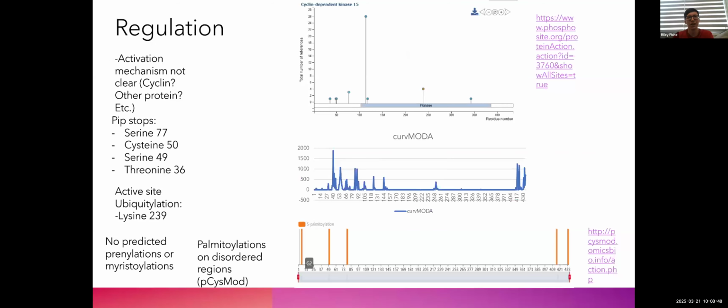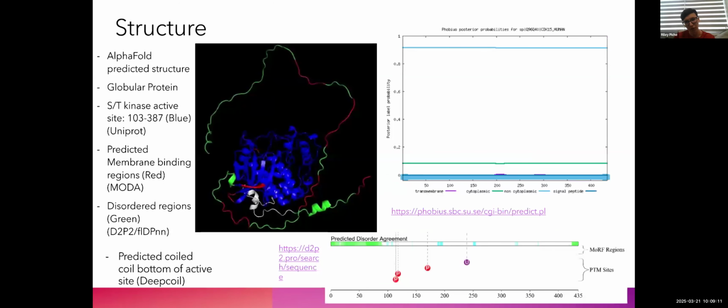There's very little information available for the regulation of CDK15. We don't know what cyclin or what other protein binds to it. I did find 4 predicted PIP sites though for CDK15. Serine 49, threonine 36, cysteine 15, and serine 77. The first 3 PIP sites are located between those first 2 red membrane domains at the top there.